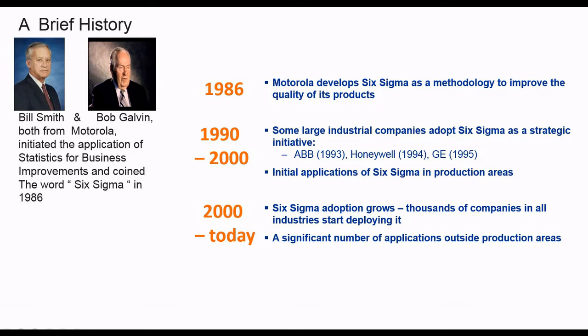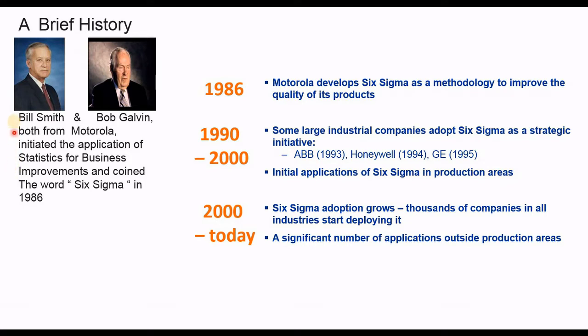So, a very brief history. These two gentlemen, Bill Smith and Bob, were the pioneers in the field of Six Sigma. They both belonged to Motorola, and in fact they initiated the application of statistics for their own business improvements. It was not for outside, it was for own business improvements in Motorola.